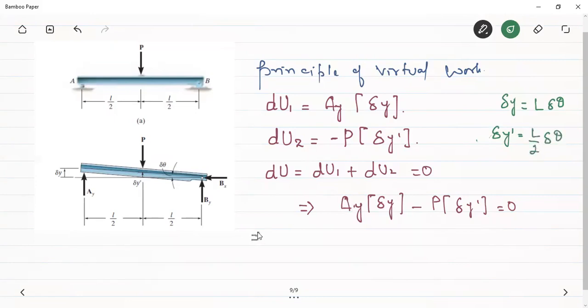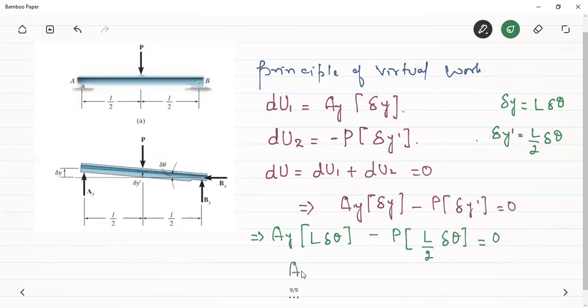So we can substitute this relation here. We will get Ay into, in place of delta y, L delta theta, and P multiplied by, in place of delta y dash, L by 2 delta theta. So this has to be equal to 0.